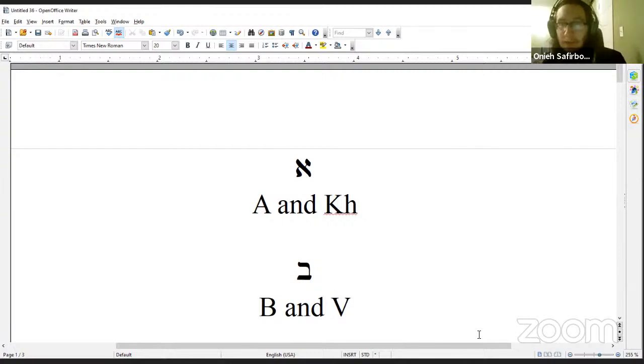People often hear about letters of Hebrew having certain guttural sounds that are very foreign to our concept in English.